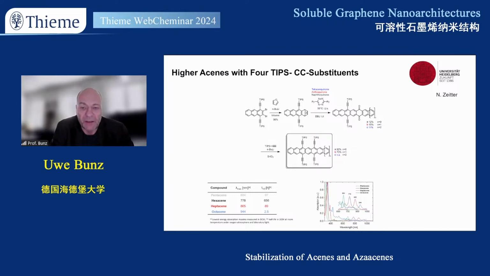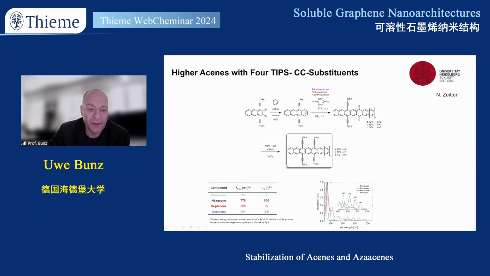And then in the second Diels-Alder reaction, we create diketones, which we then react with TIPS ethynyl lithium, and then of course reduce with SnCl2 into the corresponding acenes.